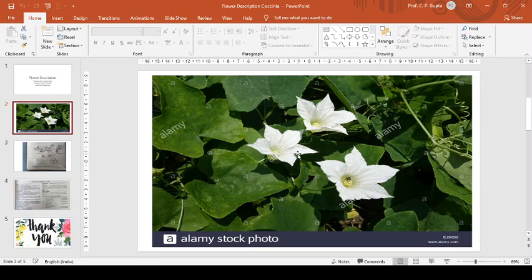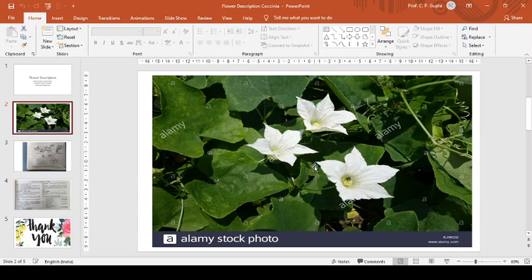Leaf is simple, alternate, exstipulate, petiolate, palmate, cordate, margin dentate. We can see this is dentate margin. Apex mucronate.